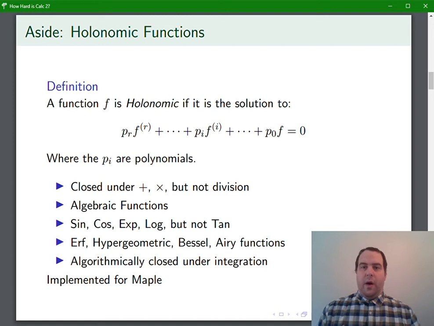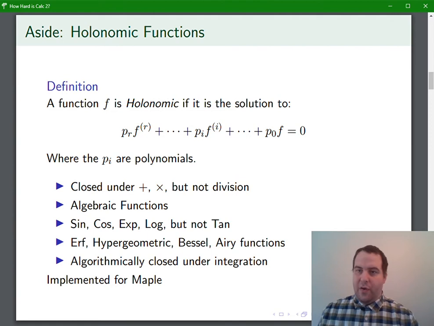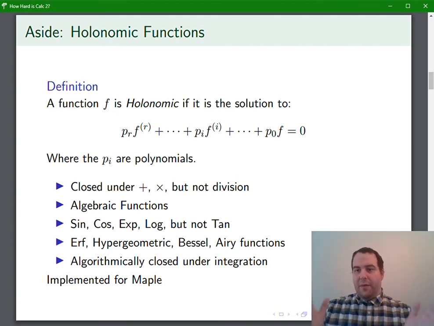So a function is holonomic if it is the solution to some sort of differential equation where it's a polynomial times the ith derivative of the function plus some other polynomial times the jth derivative of the function, plus some polynomial times the kth derivative of the function, and so on and so forth, if some sort of combination like that is equal to 0 when we add it all up. And we can represent functions in terms of that list of polynomials and a little bit of extra data to tell us what solution we're looking at.